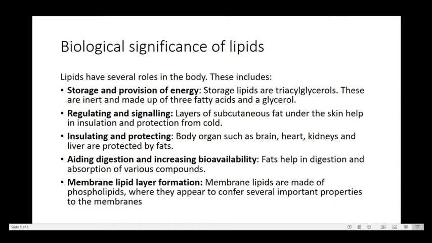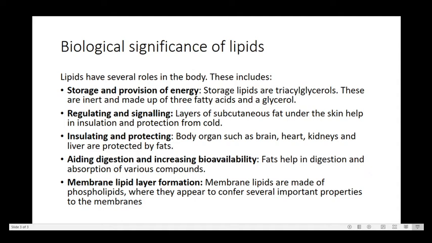Body organs such as brain, heart, kidney and liver, these are protected by fat. Up to 30% of body weight is comprised of fat tissue. Some of these fats are made up of visceral fat or adipose tissue surrounding delicate organs. Vital organs such as heart, kidneys and liver are protected by visceral fat.